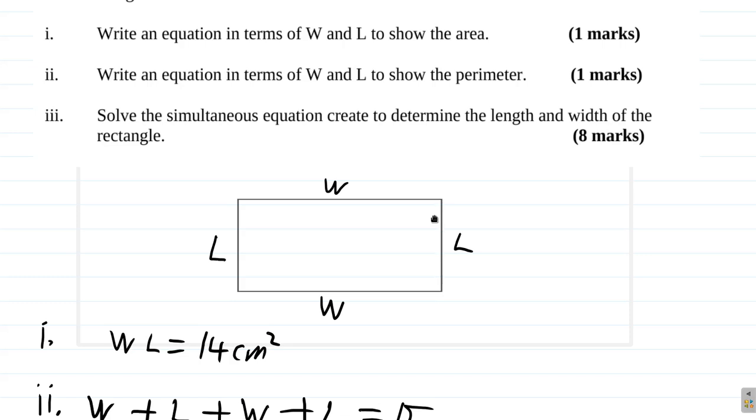Solve the simultaneous equation, I guess it should be created. Alright, that was an error there. Solve the simultaneous equation, created, to determine the length and width of the rectangle. Alright.